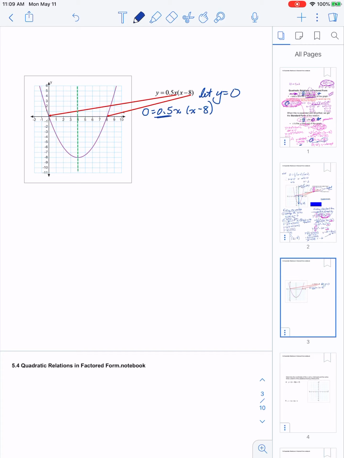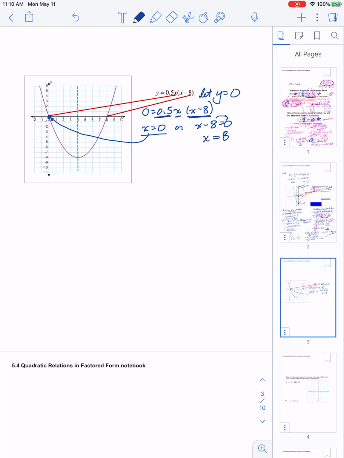So either 0.5 equals 0, x equals 0, or x minus 8 equals 0. Those are the three things that are being multiplied here. So there's nothing to solve on this one. x is equal to 0, and bring the 8 over to the other side, or x equals 8. So we can see there is an x-intercept right there.